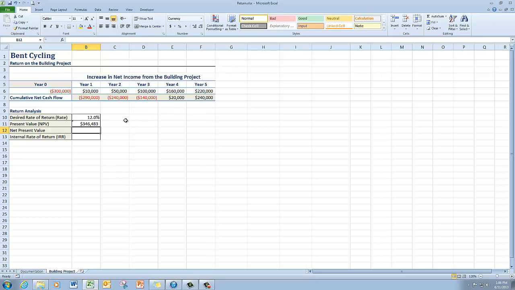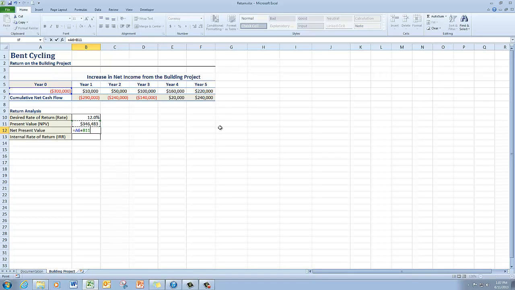And because this investment is being made right now, initially, to calculate the actual net present value, I'm going to take this number and subtract the initial investment from it, basically. So I'm going to just add those two together, A6 plus B11.